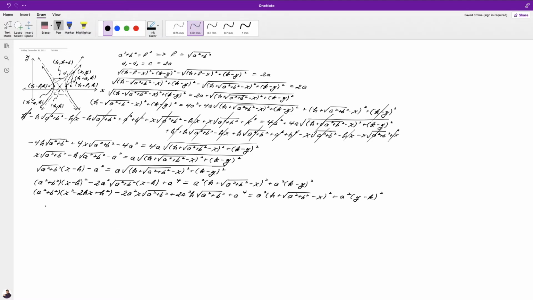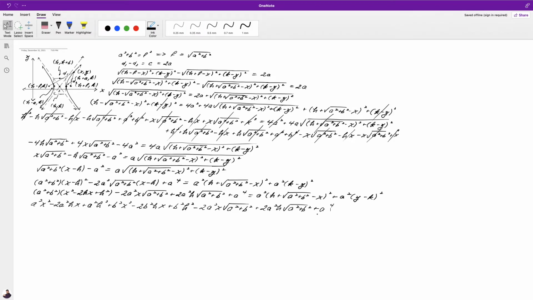So here we are going to have a squared x squared minus 2a squared hx plus a squared h squared plus b squared x squared minus 2b squared hx plus b squared h squared minus 2a squared x times the square root of a squared plus b squared plus 2a squared h times the square root of a squared plus b squared plus a to the fourth.